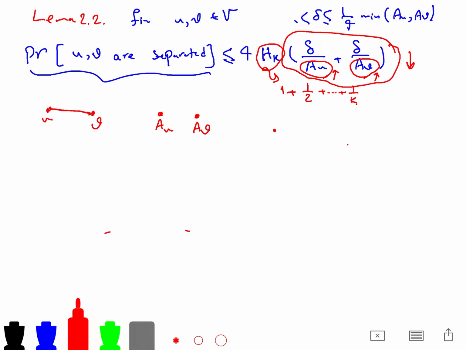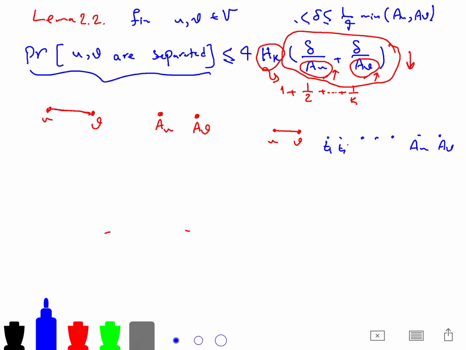What this suggests is that, with U and V here, it is better for AU and AV to be far away from U and V. What that means is that it leaves some room for other terminals to be here.